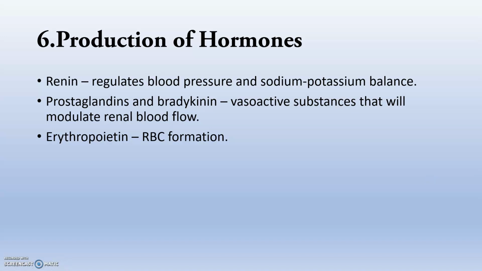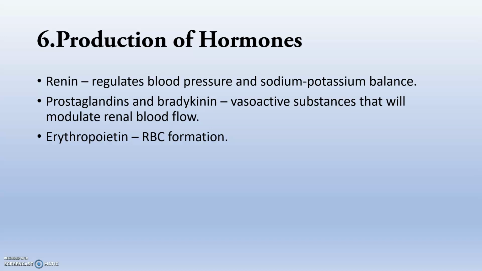Next is production of hormones. We are all familiar with the hormone renin, that is mainly activated in the RAS system, which has the main function to control the blood pressure and sodium potassium balance. Next are the prostaglandins and bradykinins. Those are vasoactive substances that will modulate the renal blood flow, which will directly modify the GFR.